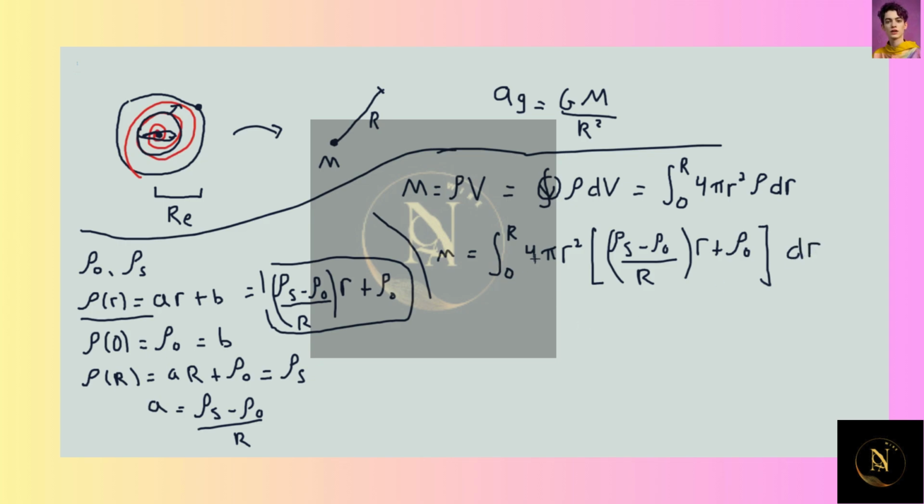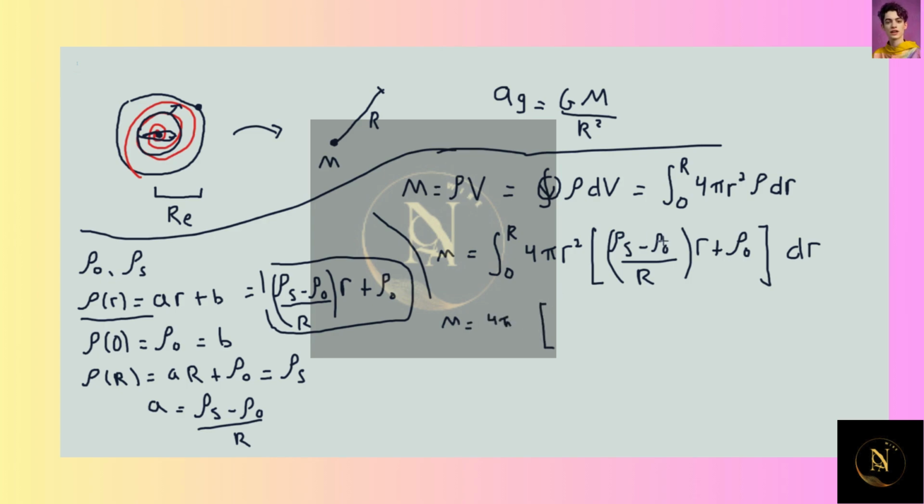So we can pull out the 4 pi from this, and we can see it looks like we have an r squared times an r for an r cubed. So M equals 4 pi.